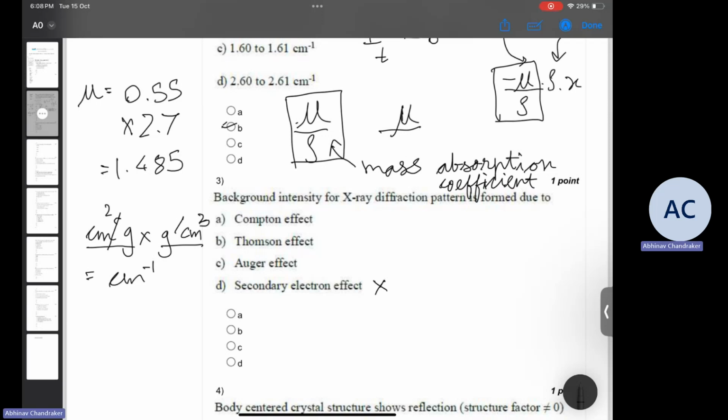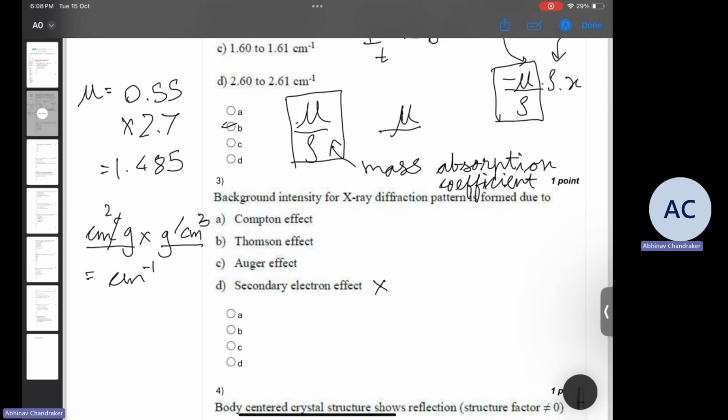Yeah. I was saying Auger electron emission, we have seen in SEM. It involves an incident electron beam coming, and after that, we can either have an emission of X-ray, characteristic X-ray, or emission of an electron, which is called Auger electron.